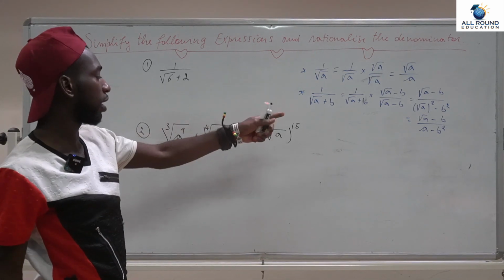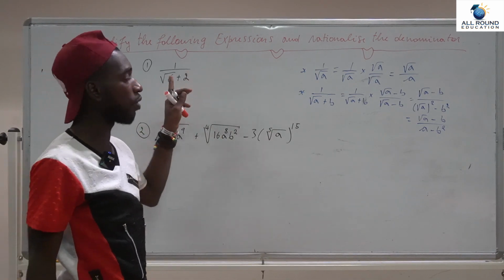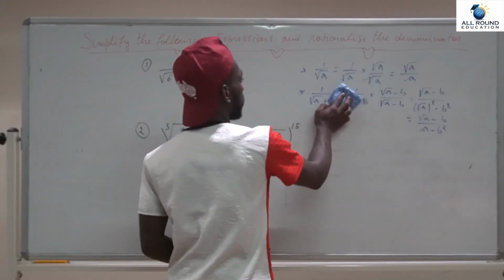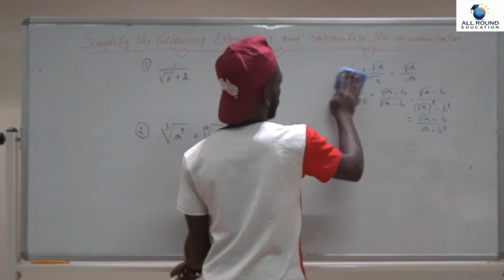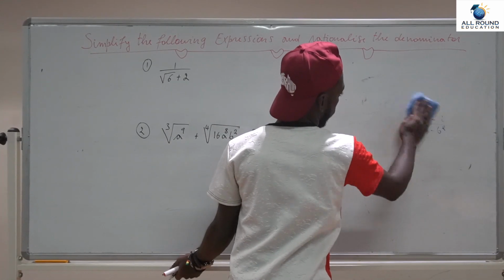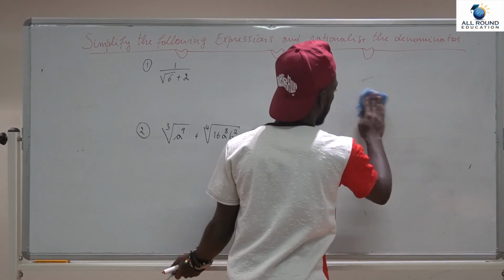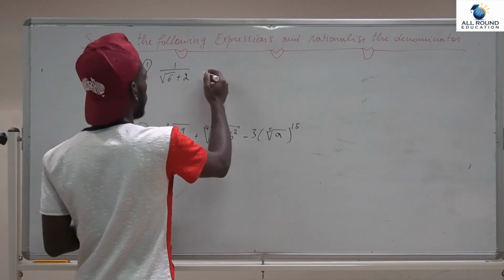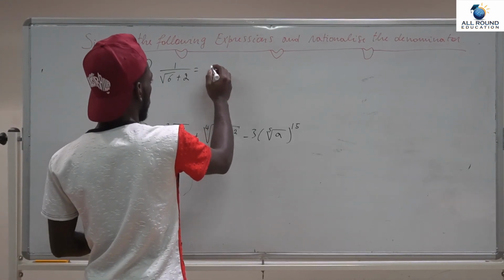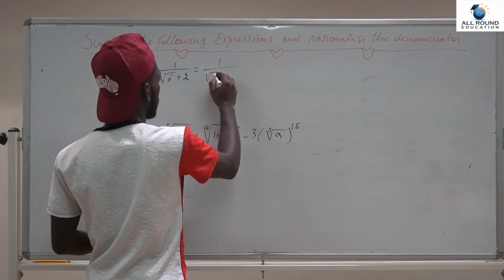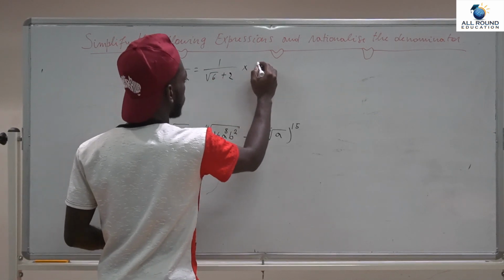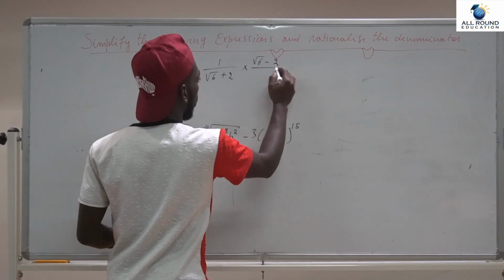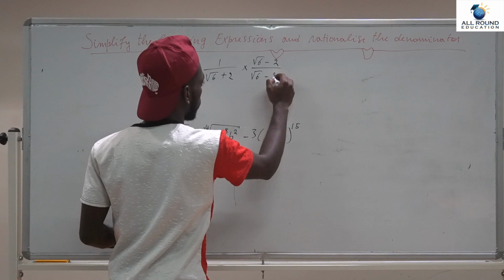So let's apply that to see how we can rationalize this. I'm going to rub this off, and then let's move on. Now, with this, you put the equal sign, and then you have root 6 plus 2 times by root 6 minus 2 over root 6 minus 2.